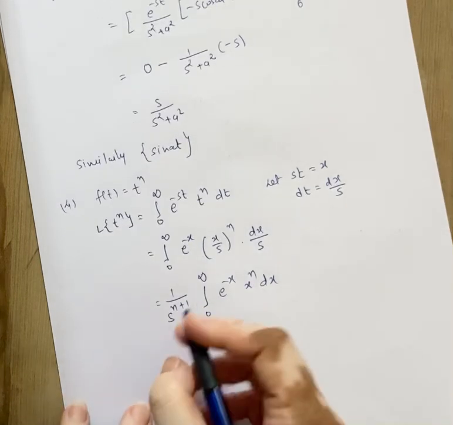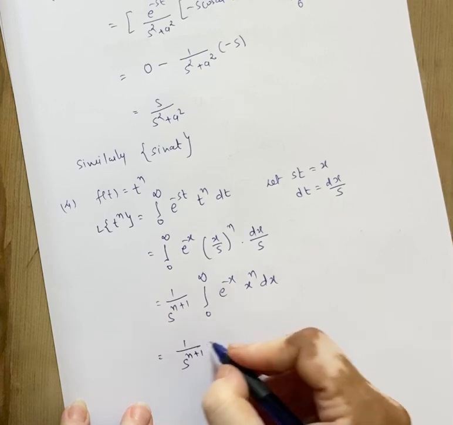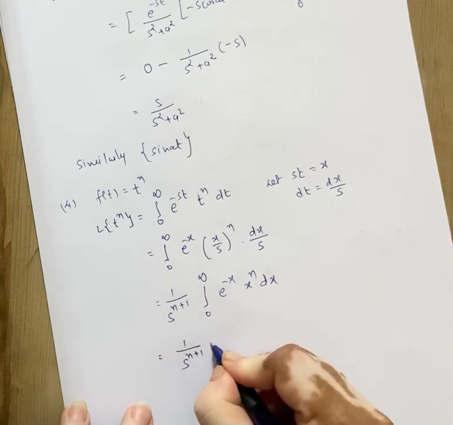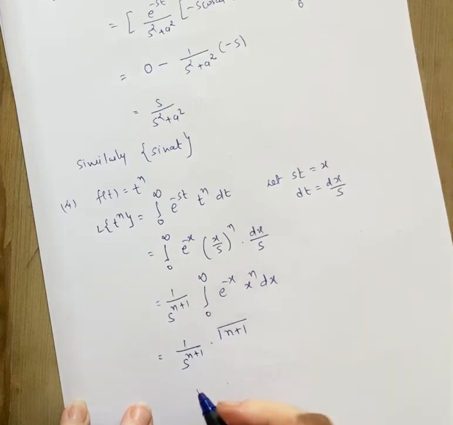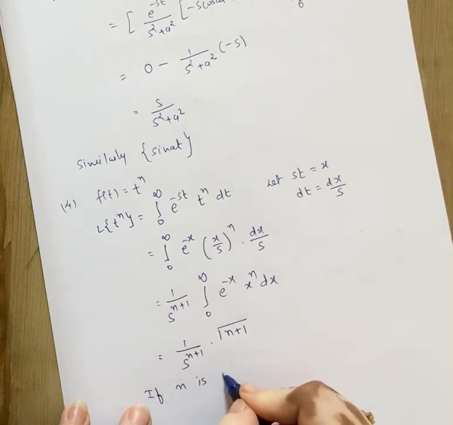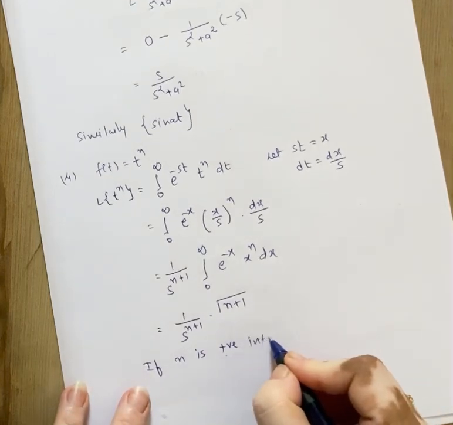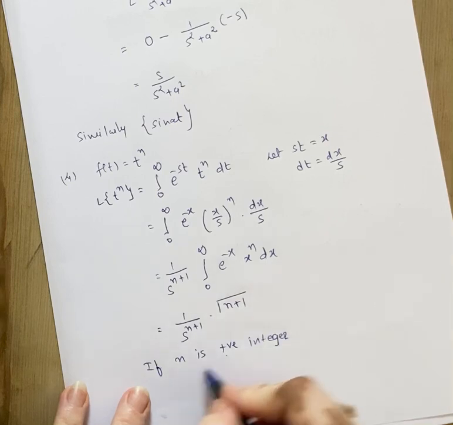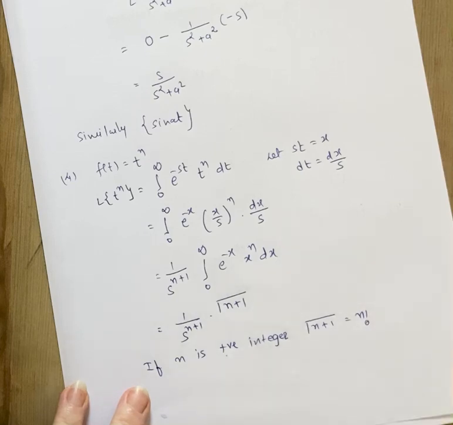This is the definition of gamma function. So 1 upon s raised to n plus 1 into gamma n plus 1. If n is a positive integer, then gamma n plus 1 is equal to n factorial.